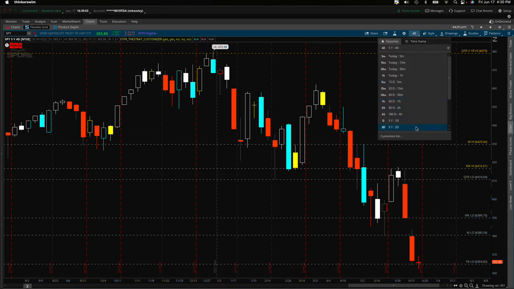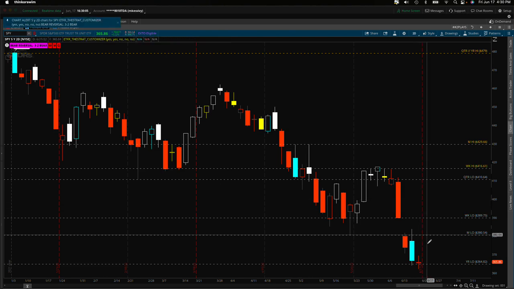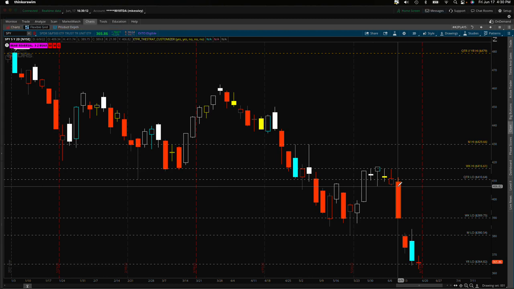And then the 2D chart is based on every 2 days. So, like here, 6-9, and then the next candle is 6-13. So this is 6-9 and 6-12. This is 6-13 and 6-14, 6-15 and 6-16, and then today we have a 6-17 candle.